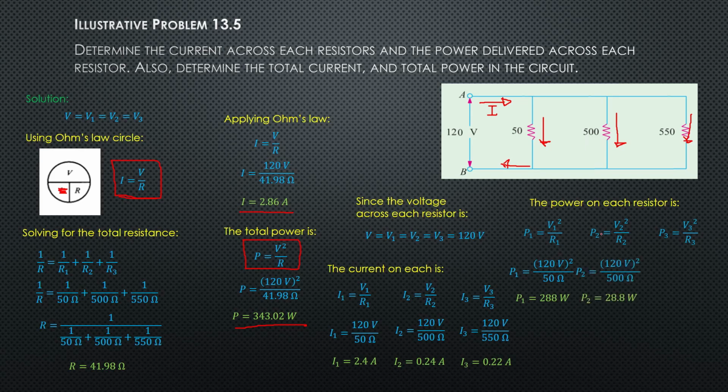Then for power 2, 120 volts squared divided by 500, so that's 28.8 watts. And for power 3 under resistance 3, 120 volts squared divided by 550. If you total these values, that will give you the total power of the circuit.